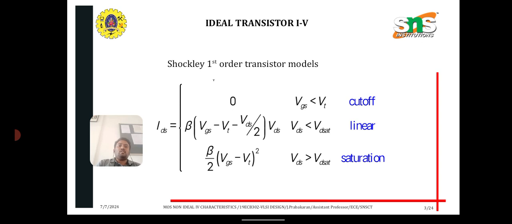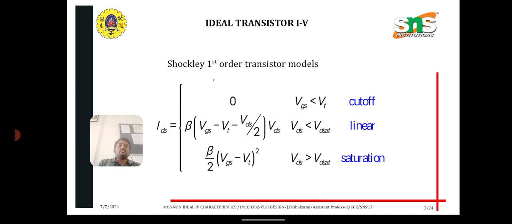Another one is the linear region, IDS equal to beta into VGS minus VT minus VDS divided by 2, into VDS, where drain source voltage is less than or equal to VDSAT at the linear region. In the linear region, there is a linear relationship between drain source current and drain source voltage. Another one is the saturation region.